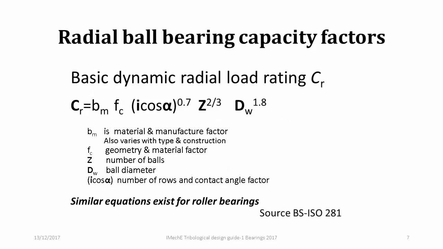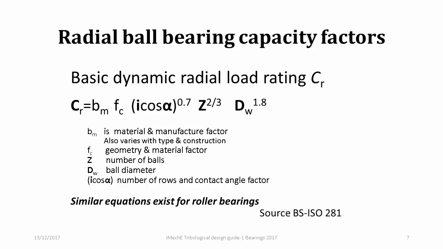So here is more detail on the radial ball bearing capacity factors. The basic dynamic load rating, we use the symbol C suffix R to indicate that it's radial. We have a factor, BM, for material and manufacture, which also varies with the detailed type and its construction. FC is a geometry and material factor. Z is the number of balls.